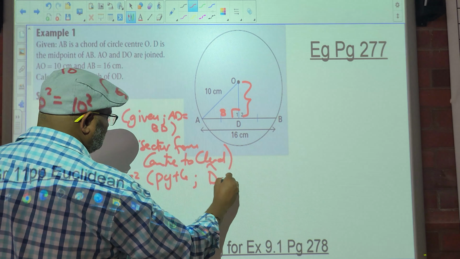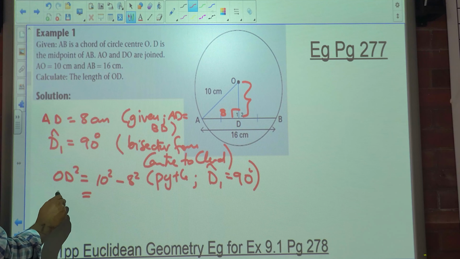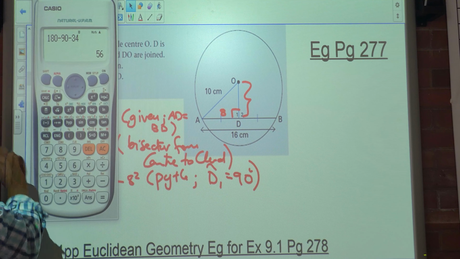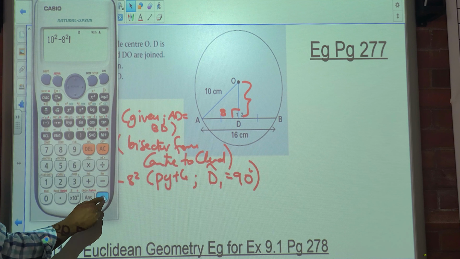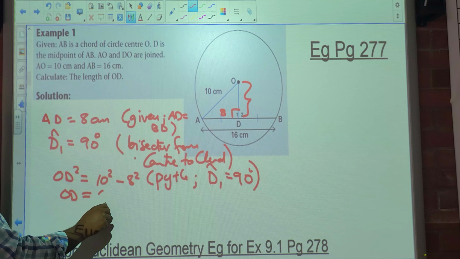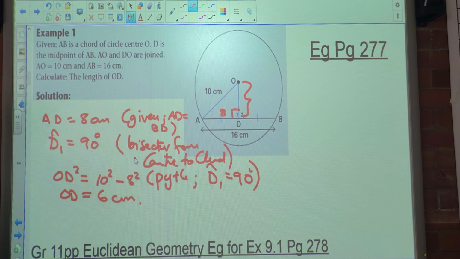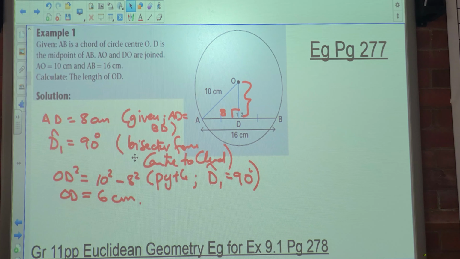The angle D1 equals 90 degrees. So that's simply going to give us 36. The square root of 36 is 6. So that is 6. Alright. Any confusion? No?